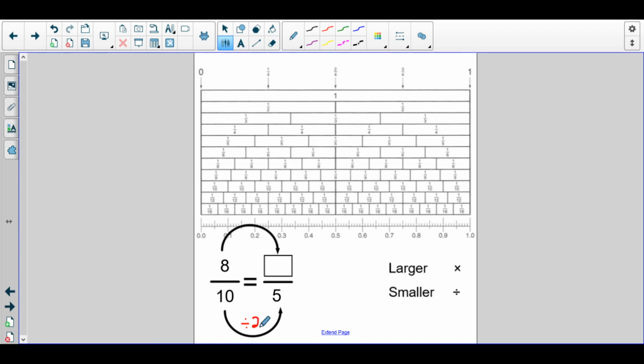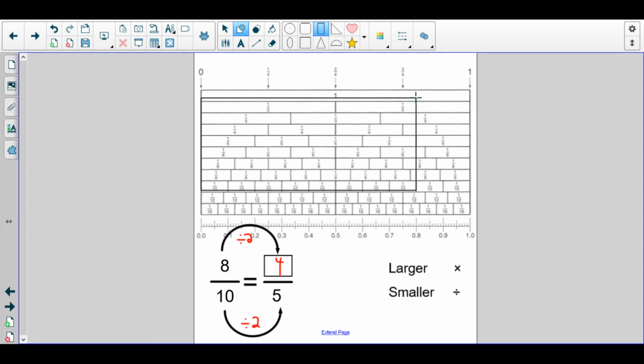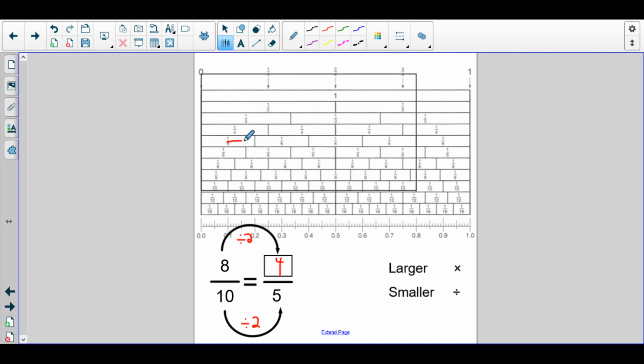That's 2. So 8 divided by 2 is equal to 4. Let's double check this theory. Here's our tenths. There's 1, 2, 3, 4, 5, 6, 7, and 8. So, do we get 4/5? Here's 1, 2, 3, and 4. Yes, it stops right on that line right there. So we do get 4/5.